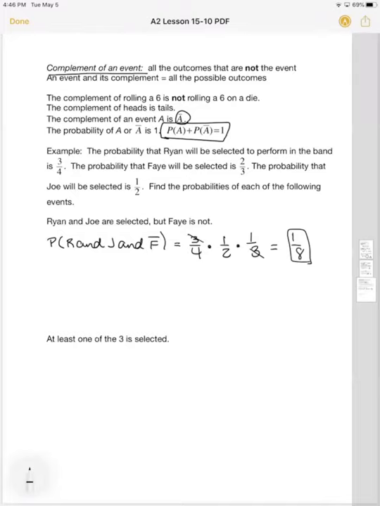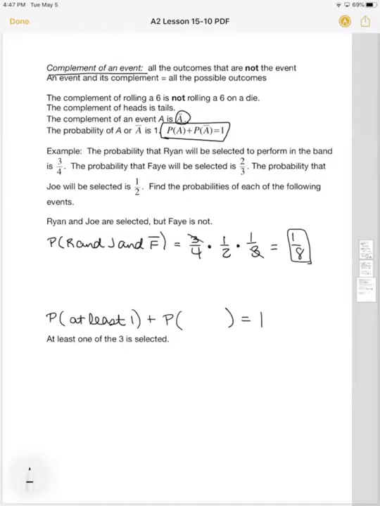Now, this last one is a little bit trickier. At least one of the 3 is selected. Okay, so let's figure this out. I'm going to write it above since I have more space above. The probability of at least 1, if I add to that the probability of the complement of at least 1, I will get 1 for my final answer.